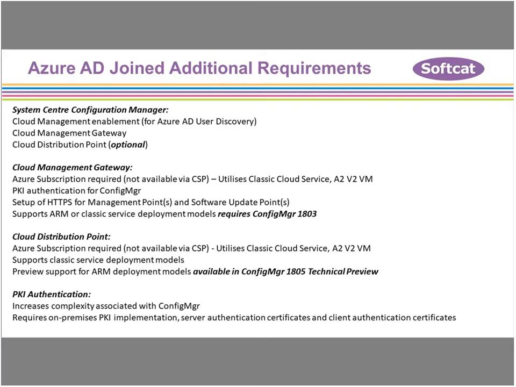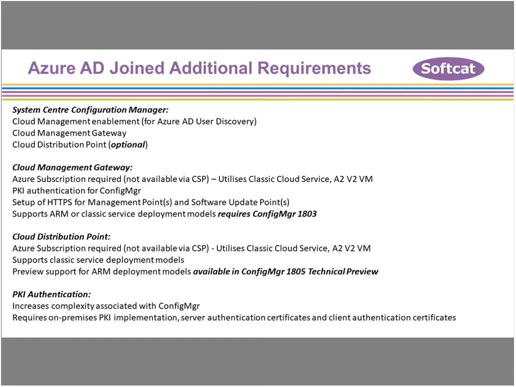And when that is actually implemented, that's an on-premises requirement, by the way, so you need to install it into your on-premises domain. You would also then need to configure HTTPS for the management points, which is a role within Config Manager that essentially distributes policies, and also the software update points if you want to be able to manage updates via Config Manager for those Azure AD joined devices.